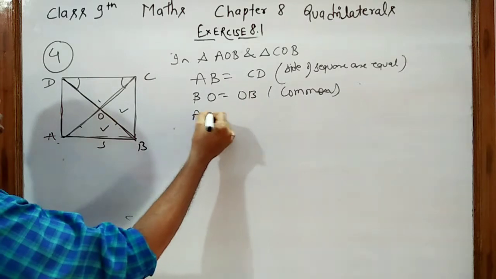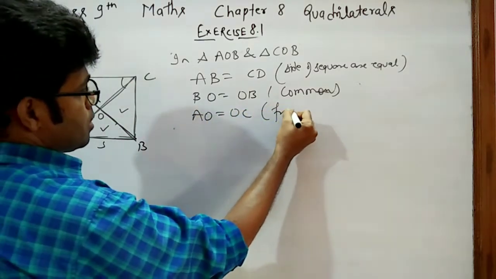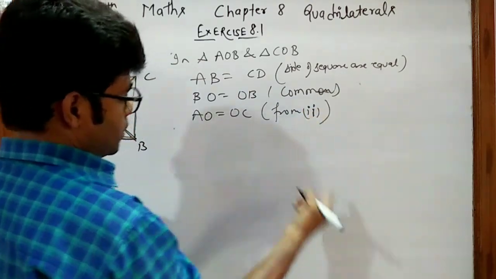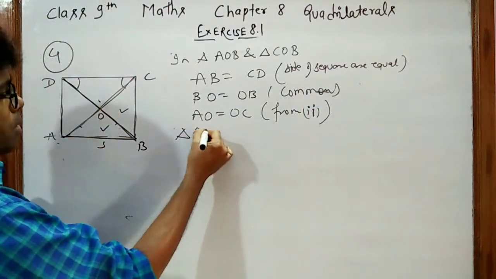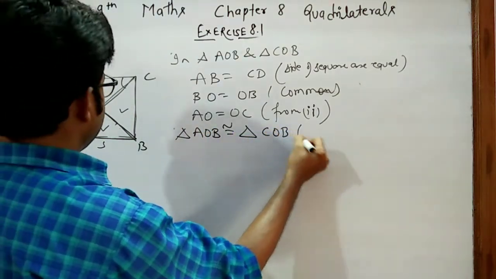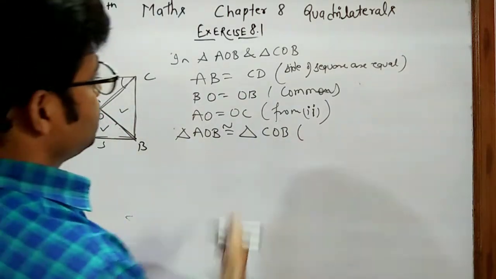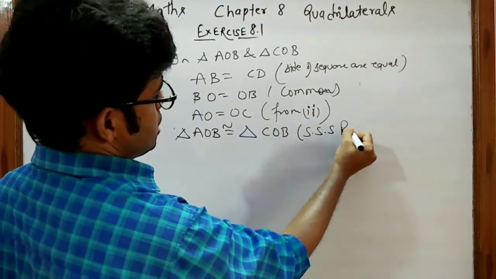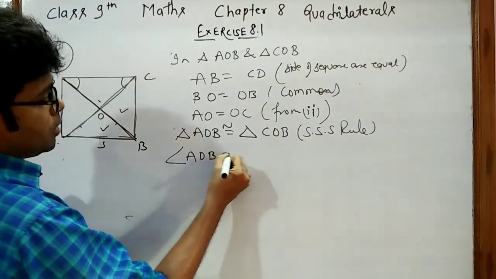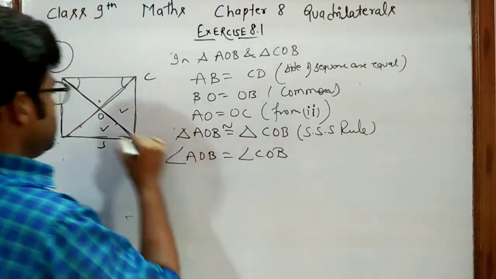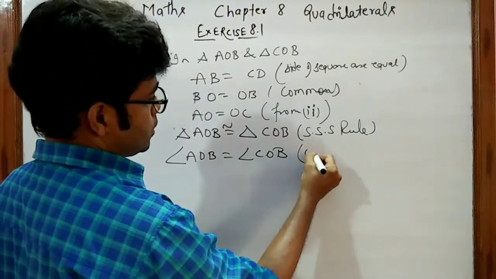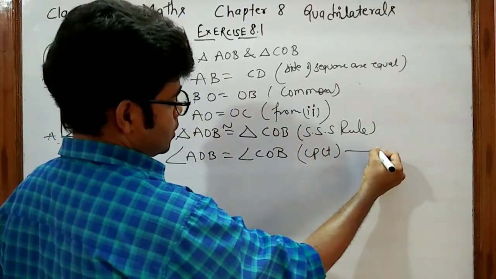And AO is equal to OC from the second equation. The triangle AOB is congruent to triangle COB by the SSS rule. Now angle AOB is equal to angle COB by CPCT. Take it as equation 3.